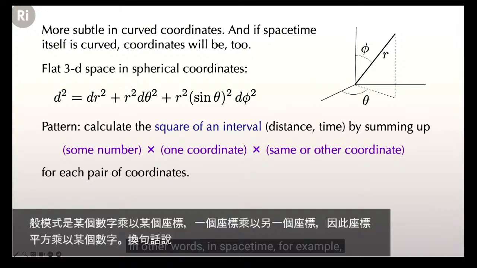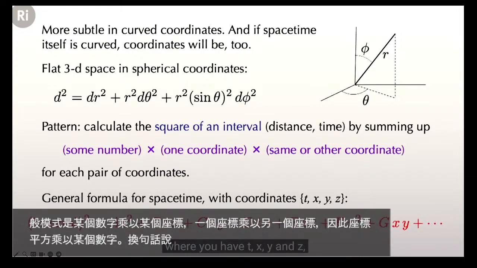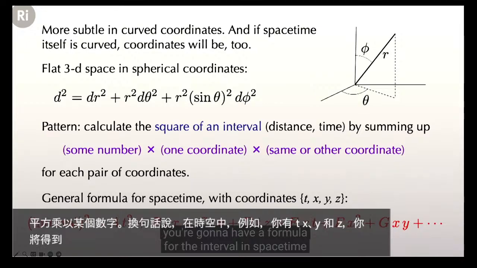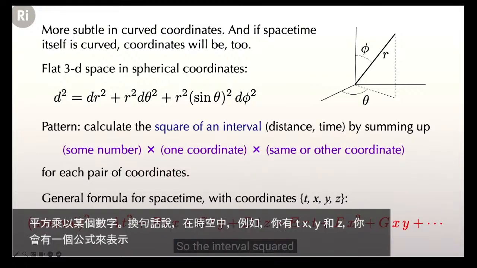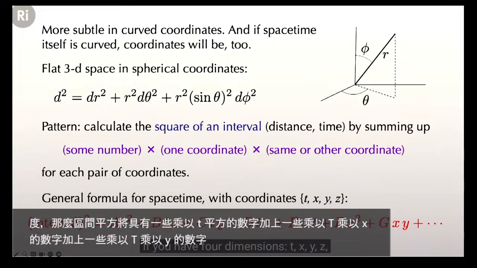In other words, in space-time, for example, where you have t, x, y, and z, you're going to have a formula for the interval in space-time, just like Minkowski gave us, but maybe more general. So the interval squared is going to have some number times t squared, plus some number times t times x, plus some number times t times y. If you have 4 dimensions, t, x, y, z, there's going to be 16 terms. 4 times 4 is 16, right?